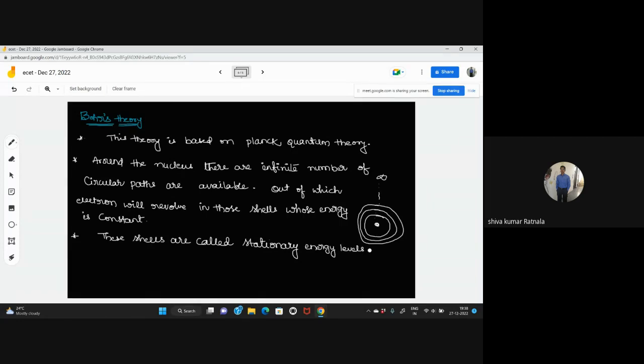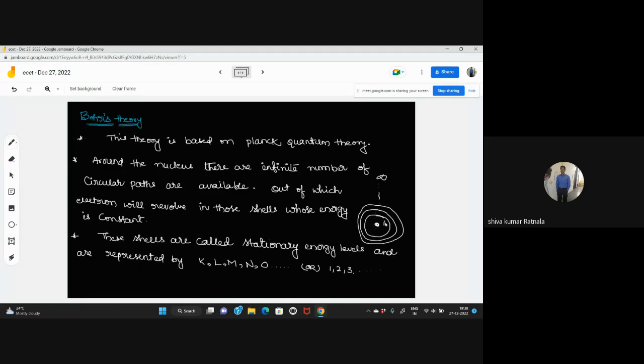Stationary energy levels are represented by K, L, M, N, O and so on, or they can be represented with 1, 2, 3 and so on.